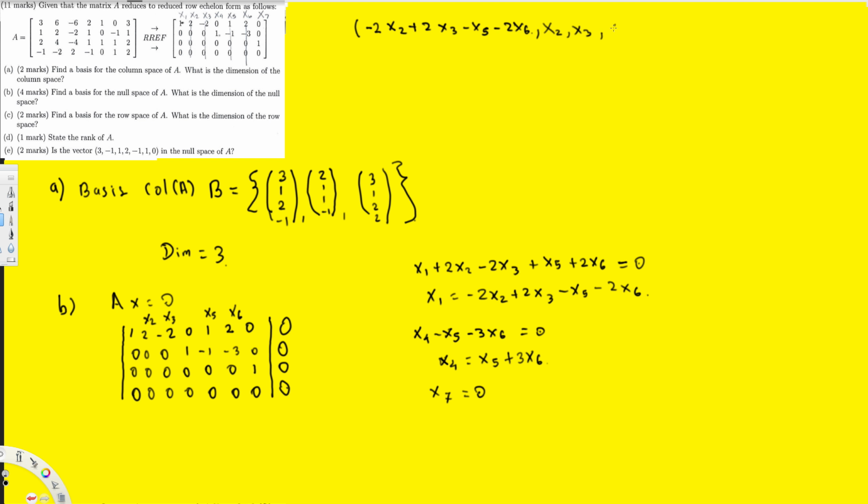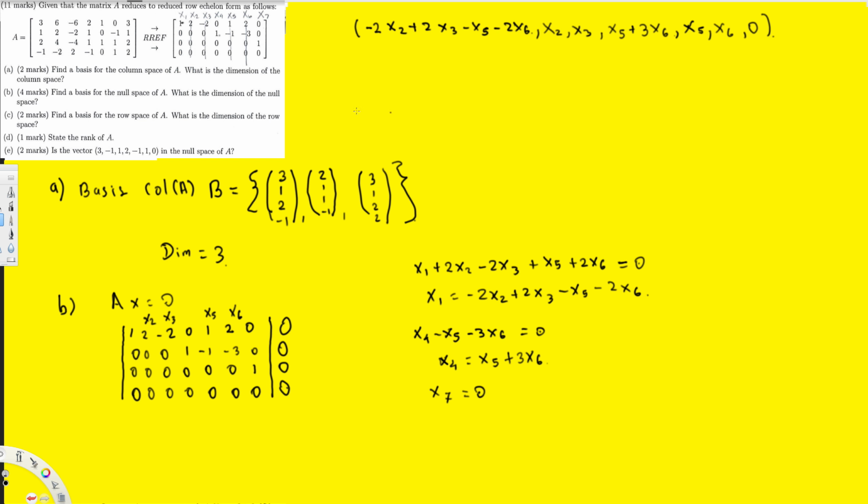Then x5 is going to be itself because it's a free variable, and x6 is going to be itself because it's a free variable. x7 is 0, we found out already, so we can put it as 0.